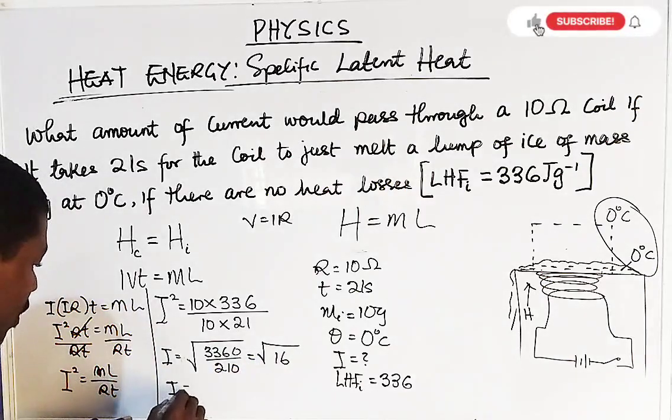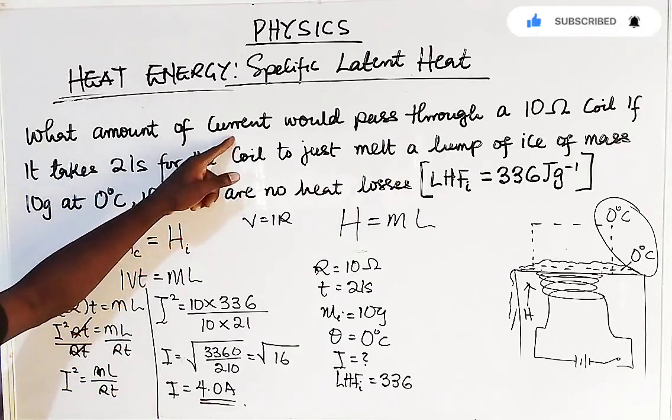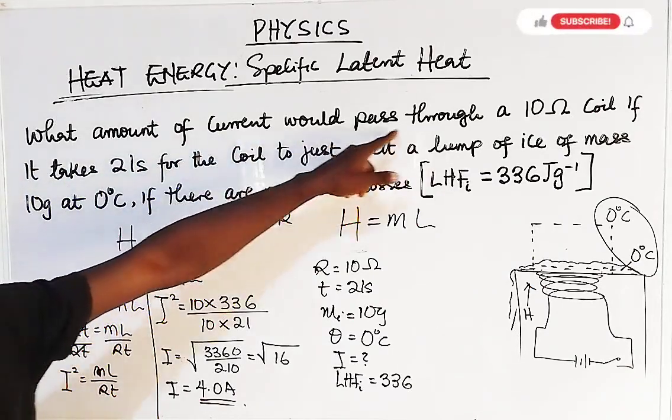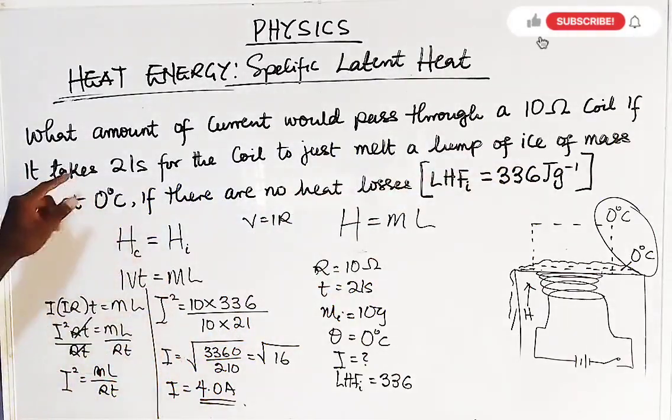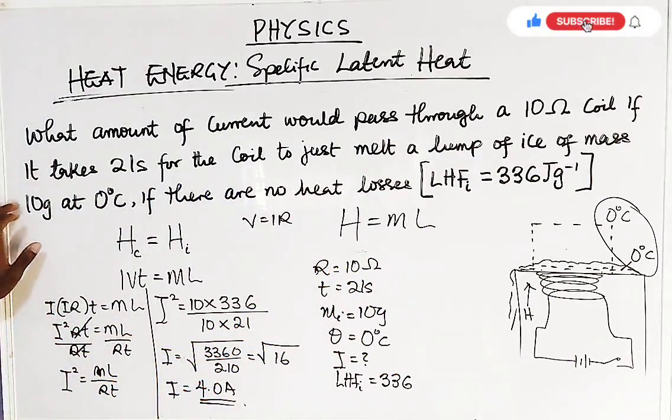The square root of 16 is 4.0 amperes. So this is the amount of current needed to pass through this coil to melt the lump of ice of mass 10 gram at 0 degrees Celsius.